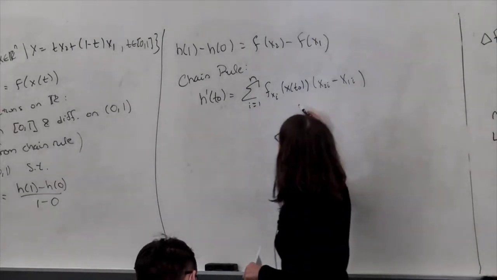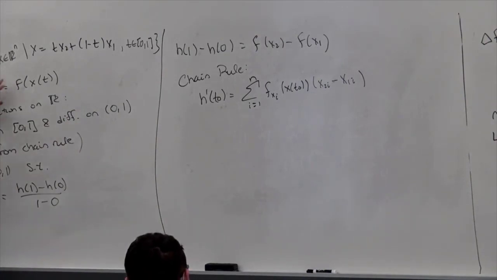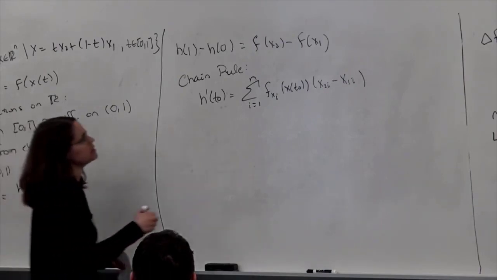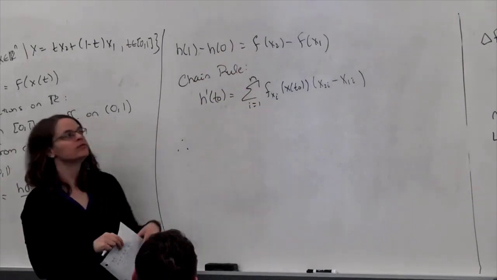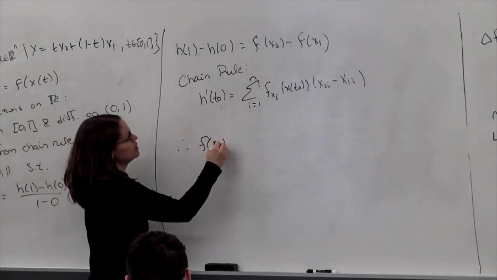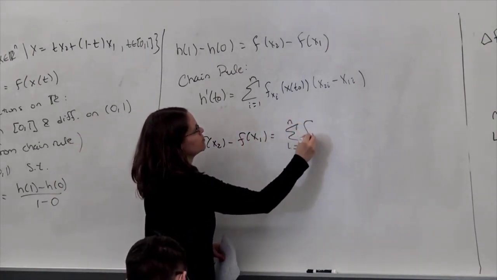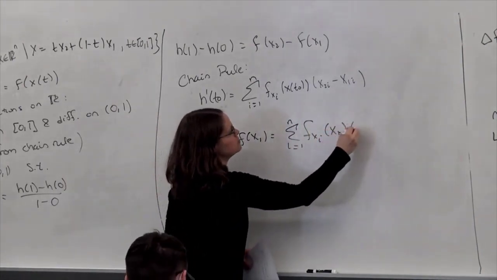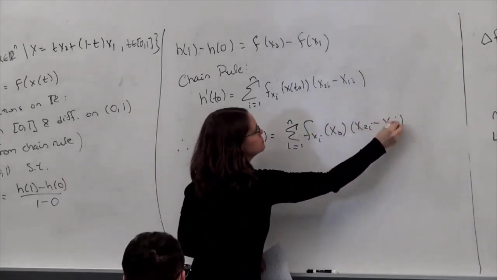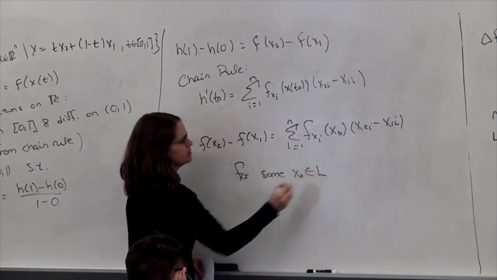t naught lives somewhere in between 0 and 1, and that means that this function lives somewhere on this line segment. So we can put these all together, say this equals this, which means that indeed f of x2 minus f of x1 is equal to, we sum over all of our partial derivatives, for some x naught on the line segment.